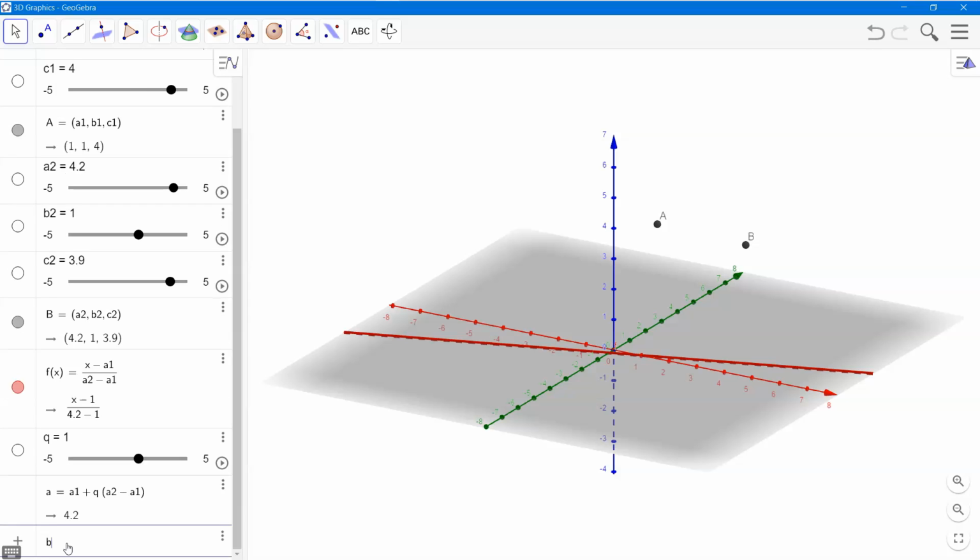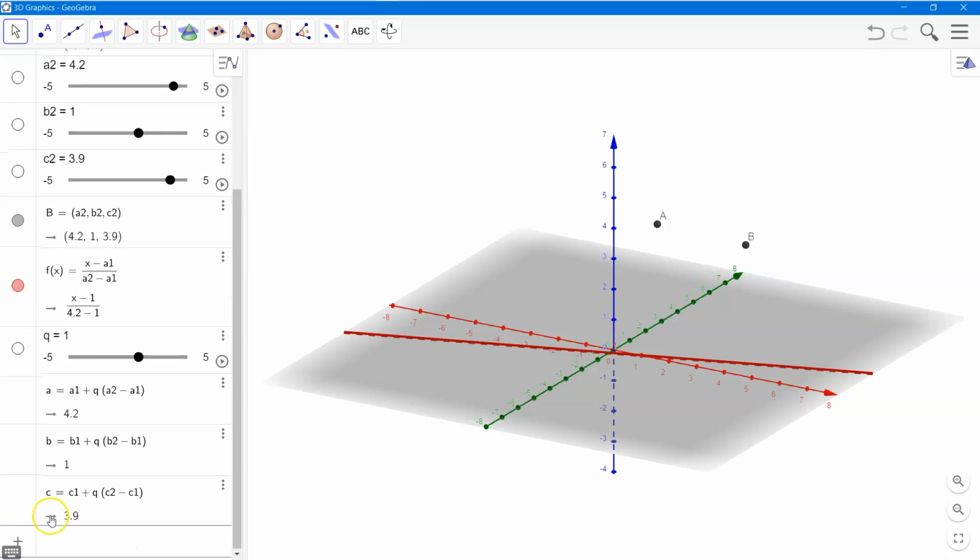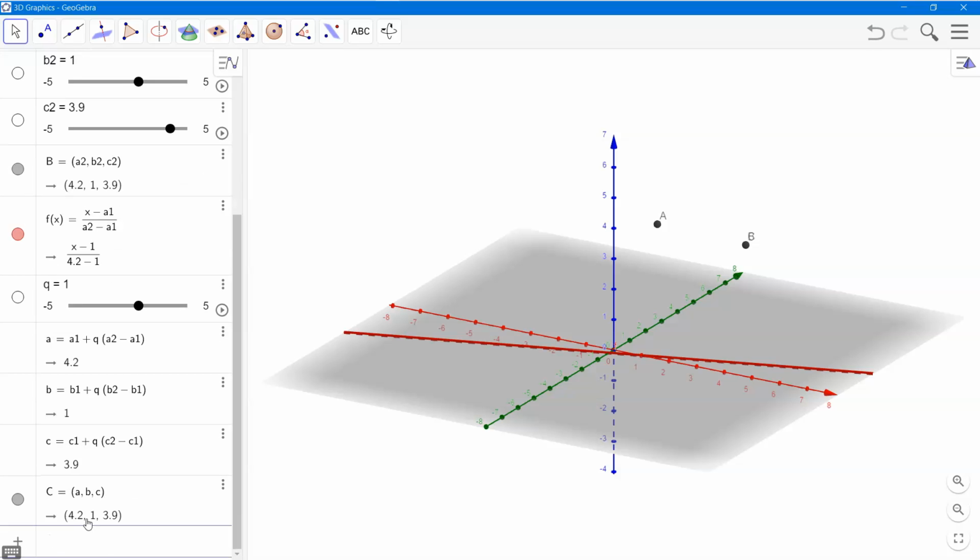Similarly, b is equal to b1 plus q times b2 minus b1, and c is equal to c1 plus q times c2 minus c1. Now I'll just mark it as a point: a comma b comma c. Now b and c are lying on top of the other.